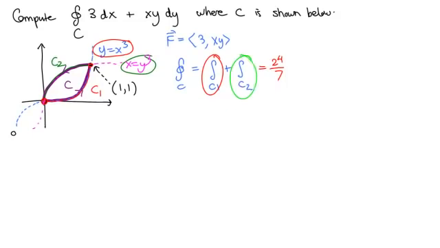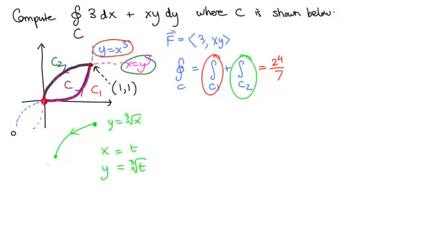Now let's focus on the second integral. Notice that the second curve, the curve C2, is on the curve y equals the cube root of x. Now it's easy to parameterize the graph of a function by setting x equal to t and y to be the corresponding function value evaluated at t. So we have x is equal to t, y is equal to t cubed.